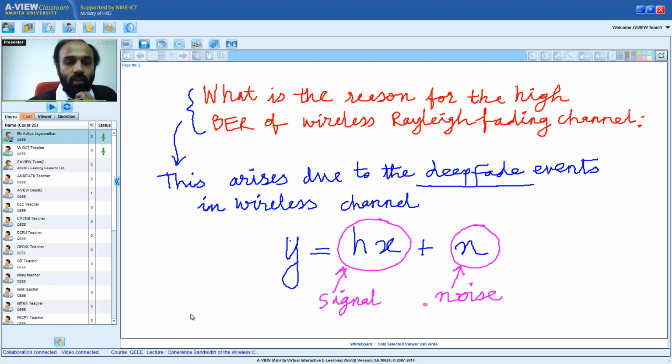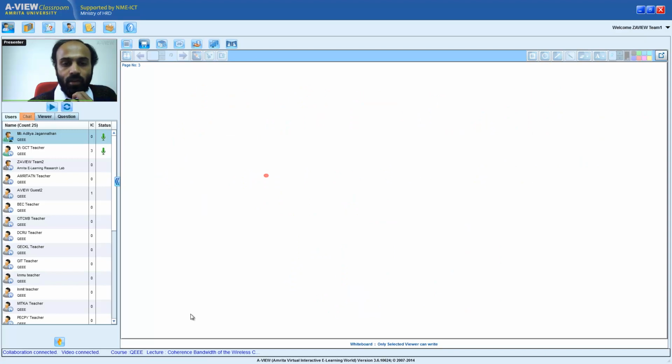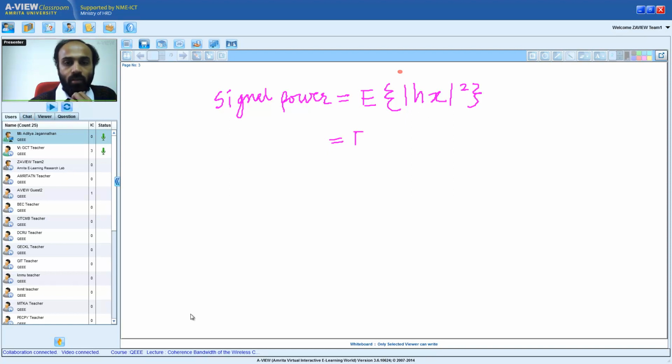Now, what happens when you have the signal and the noise? What is the signal power? Let me calculate the instantaneous received signal power.